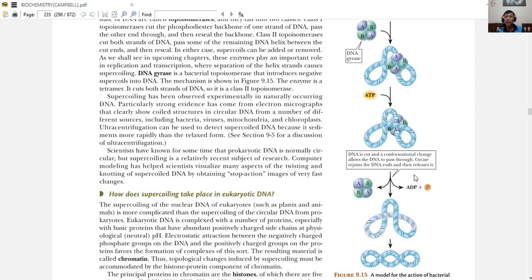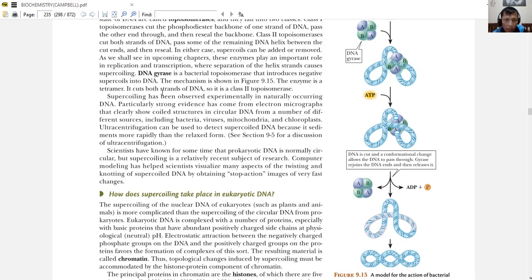So when the DNA twists away from its normal or stable form, we call it conformation. I'm just talking about those words.